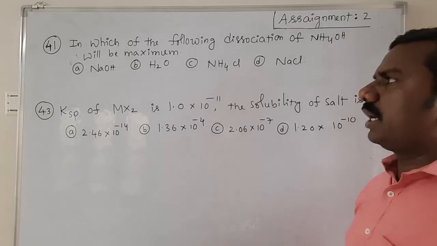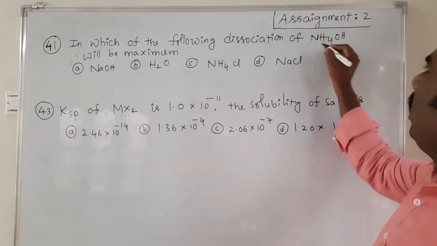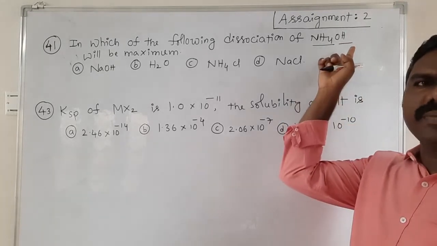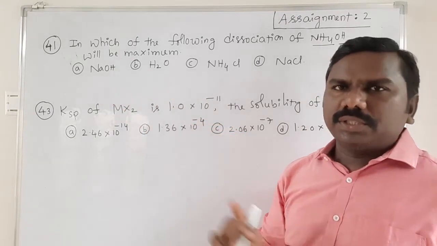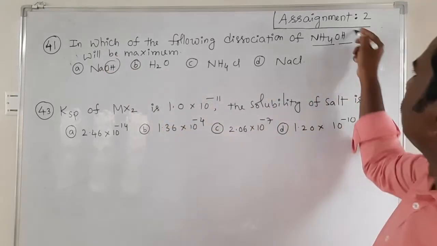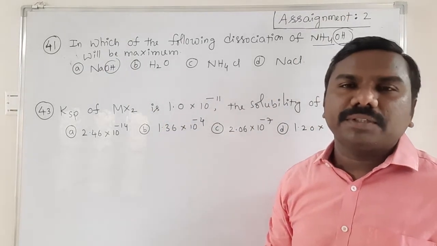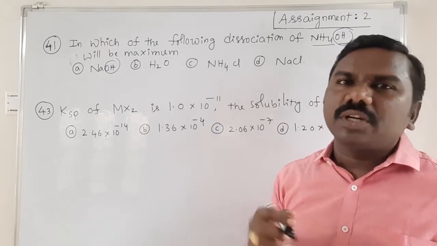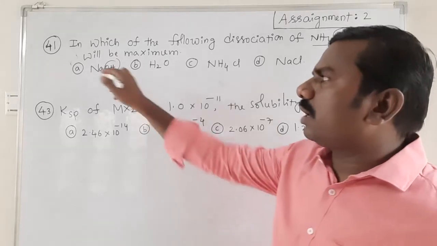If it is dissociated, it gives one NH4 plus and another OH minus. When you add NaOH, here Na and OH, here OH, here also OH. It's a common ion. We read already about the common ion effect. If a common ion is there in our solution, the solubility will be less, not maximum. That's why it is the wrong option.